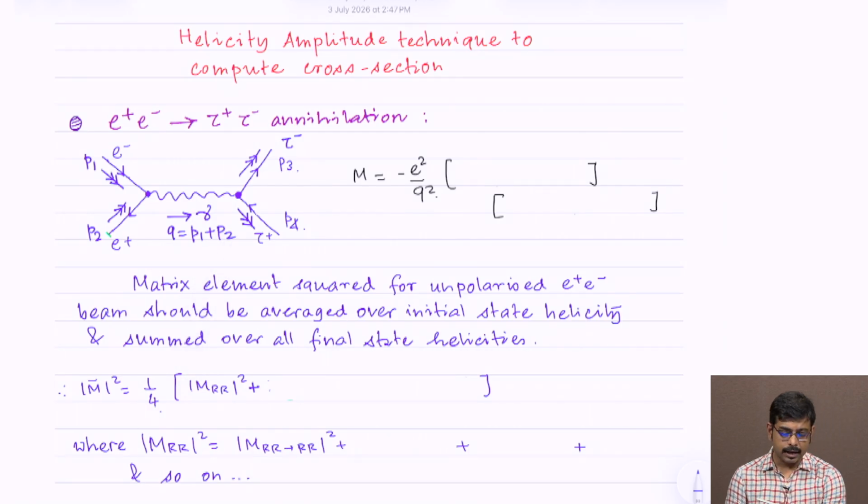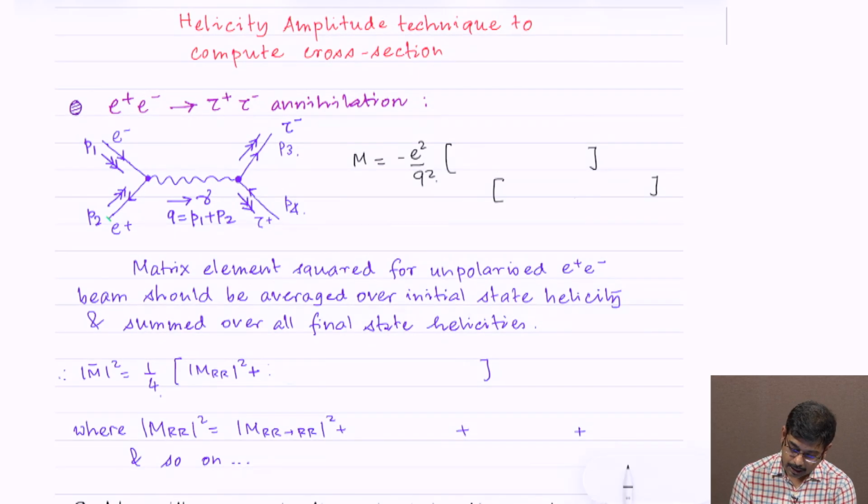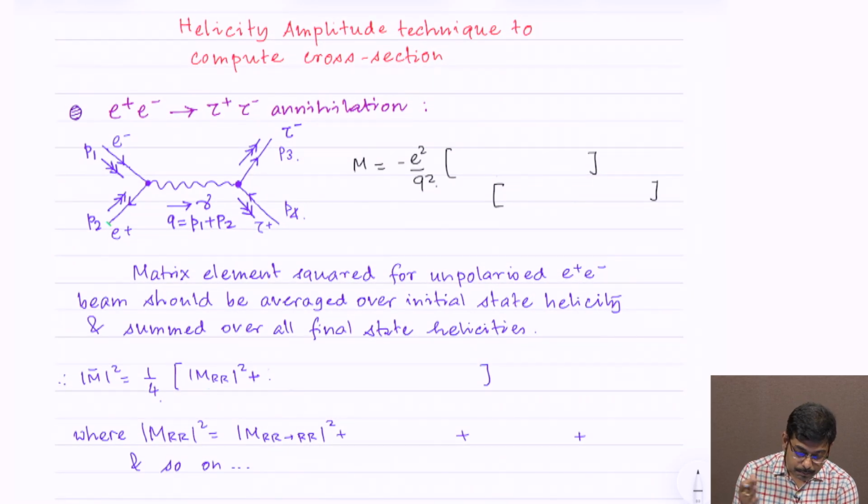Now with this, let us try to write the matrix element or the amplitude of this process, remembering the Feynman rules that we derived before. First, let us write the electron current.